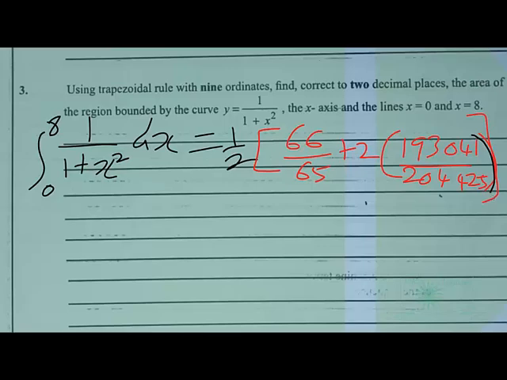So this will give us 1 over 2 times 66 over 65, which is the same as 1.015385. When we multiply 2 by whatever is here, it's giving us 1.888624.